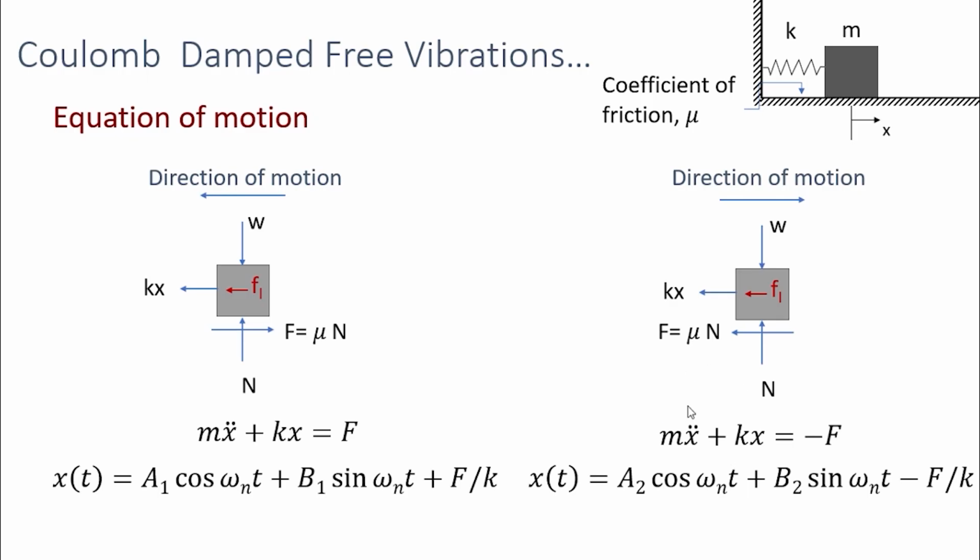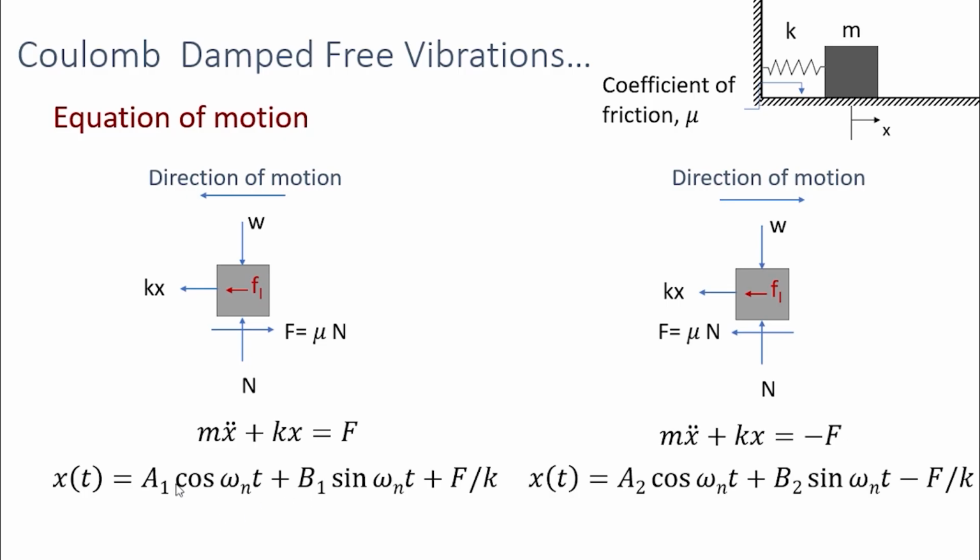So now we have our equation of motion as m x double dot plus kx is equal to minus F. The solution of this can be written as A2 cos omega n t plus B2 sin omega n t, that is the free vibration response, minus the static response due to this force F, that is minus F by K.